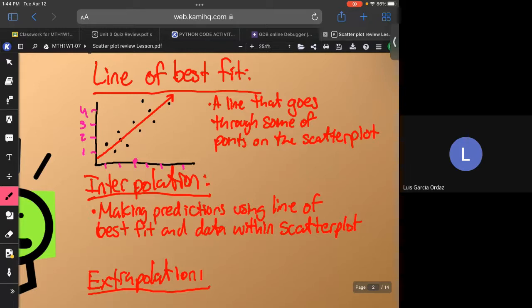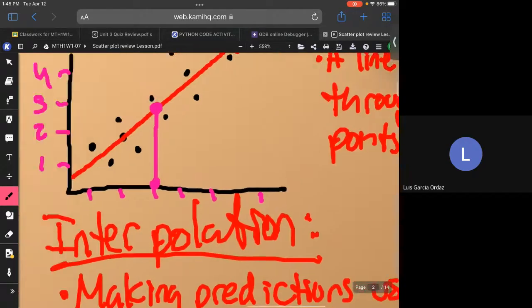So I'm going to go up until it hits my red line, and make a point over here. In order to determine the y value of that point within the scatter plot, I have to draw a horizontal line from that point until it hits the y-axis. So roughly, what is my predicted point within this graph? Adam? Roughly 3 and 3.